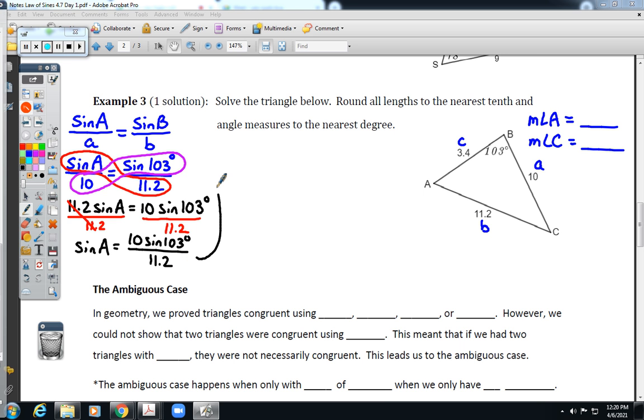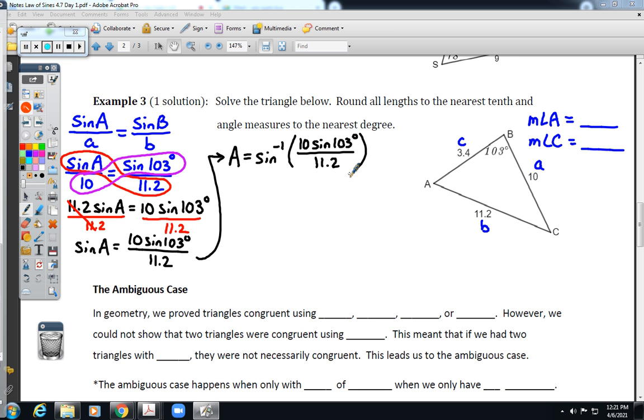So A is going to be the inverse sine of 10 times the sine of 103 degrees divided by 11.2. Now I'm looking at that and I'm seeing 10 over 11.2 is less than 1. So this one probably is fine and will exist. Right? So we have the inverse sine of 10 times the sine of 103 divided by 11.2.